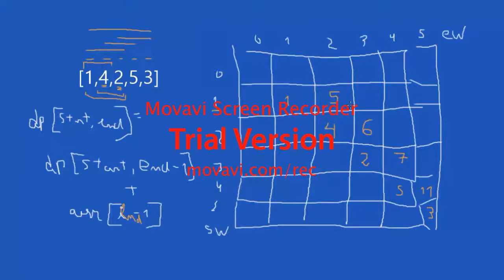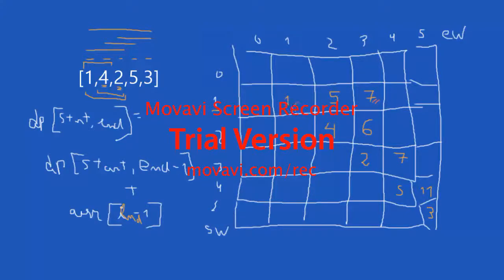Okay, so the window of size 2 is 5 plus 2, we got 7. And as this represents the end, we add this value.